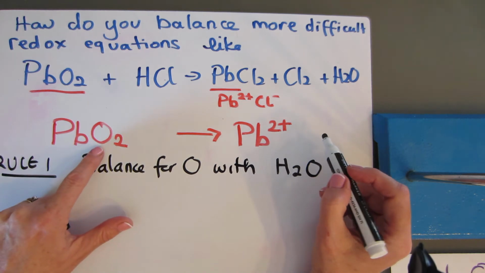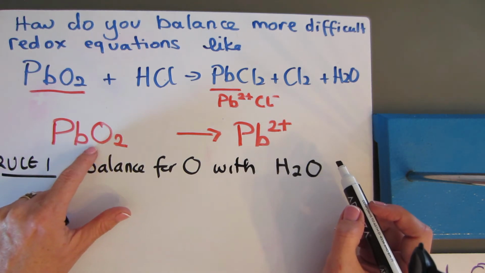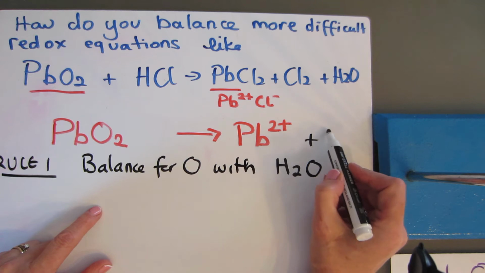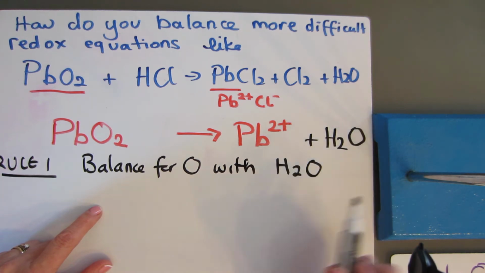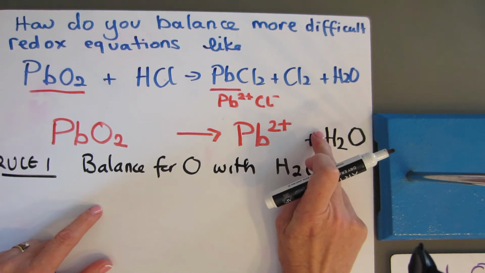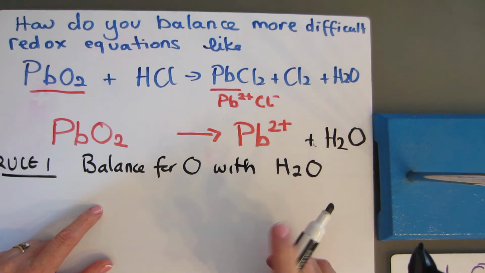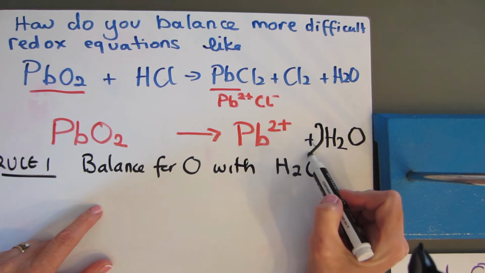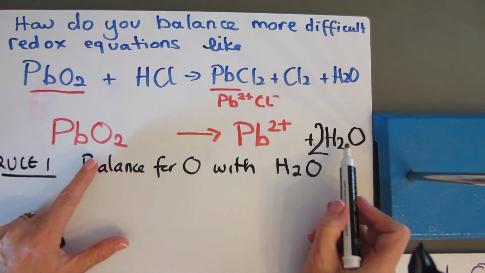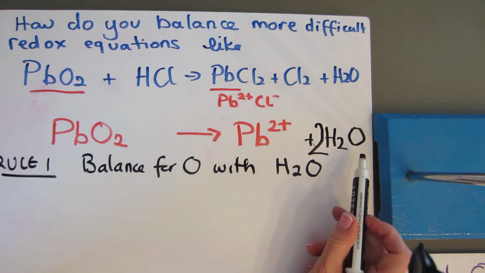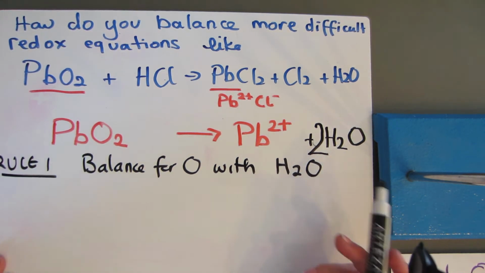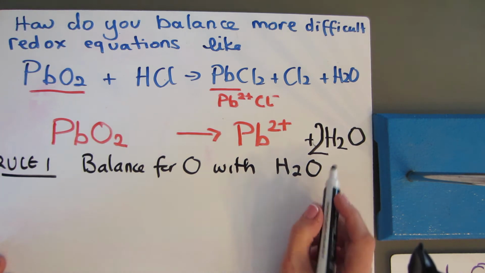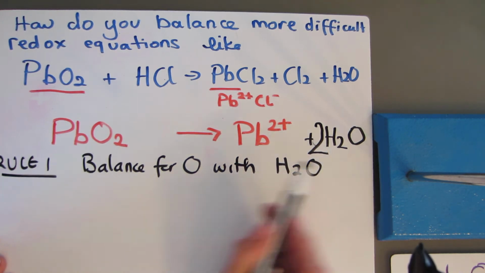So if I look over here, I've got two oxygens in lead oxide. So still not balanced yet, because how many oxygens do I need? I need two oxygens, so therefore I must need two water molecules. But now I've introduced something else. I've introduced a new element, hydrogen.